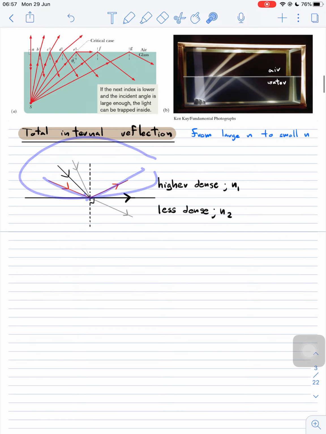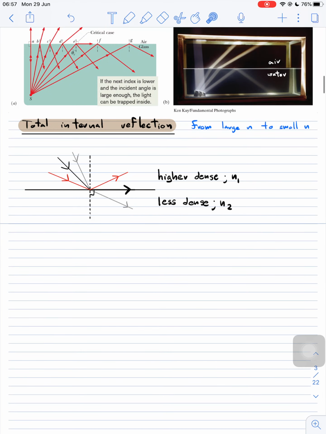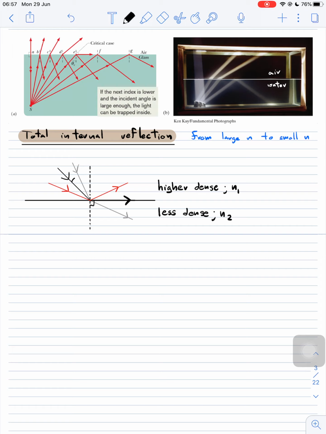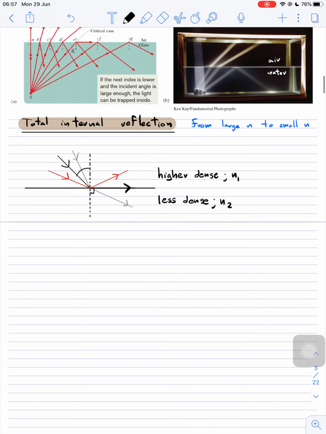Now we can define an angle. Let's define this incident angle, which makes the angle of refraction equal to 90 degrees. Let's call this angle the critical angle.